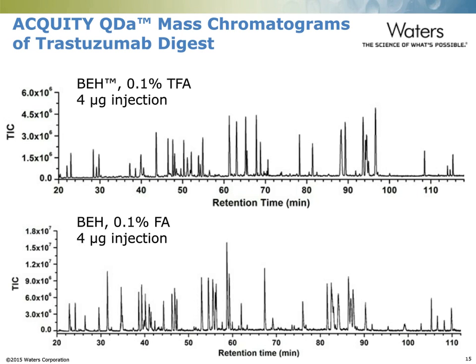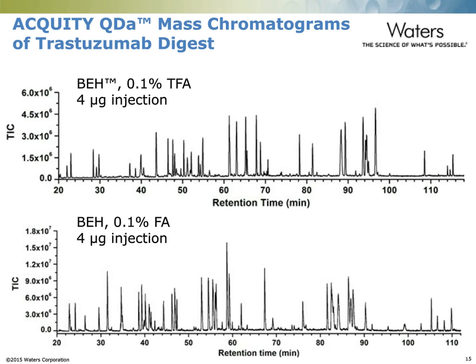And more interestingly, if we look at a separation within TFA, which is the top chromatogram, and then compare that to a separation done in formic acid, while there is a selectivity difference between these two separations, what's notable is that we're able to see all of the peptides in each analysis, regardless of whether we use TFA or formic acid.